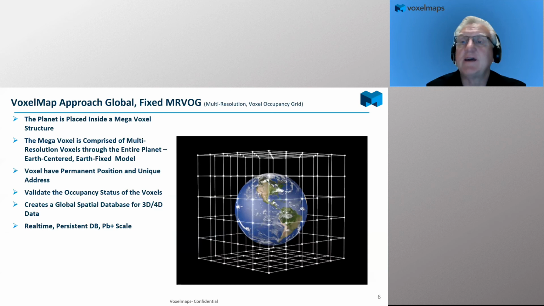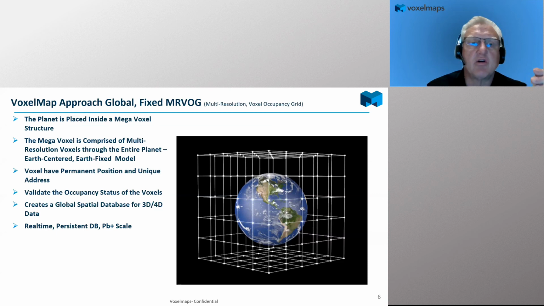But what's unique about our approach to this whole maps for machines in the voxel structure is our global approach to the global fixed voxel occupancy grid. It's basically a mega voxel structure that we create, comprised of multi-resolution voxels across the entire planet.